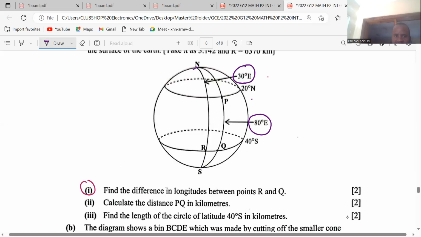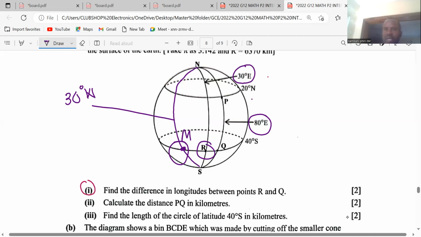Suppose we had a longitude somewhere here, maybe 30 degrees west, and this point is point M. To find the difference in longitude between M and R, we would add, because R is on the eastern part and M is on the western part.